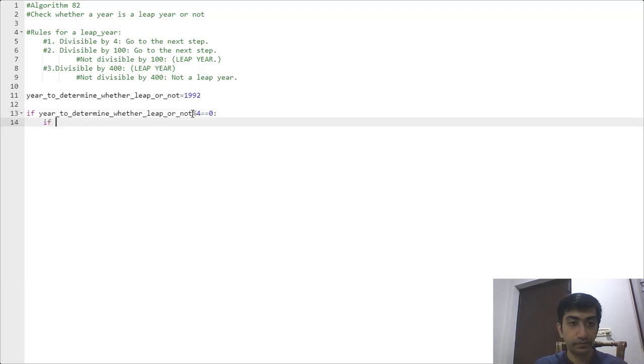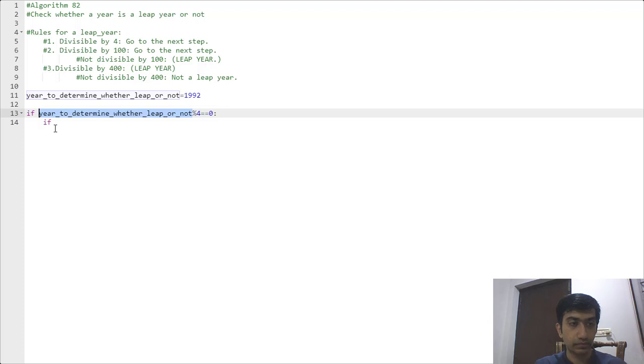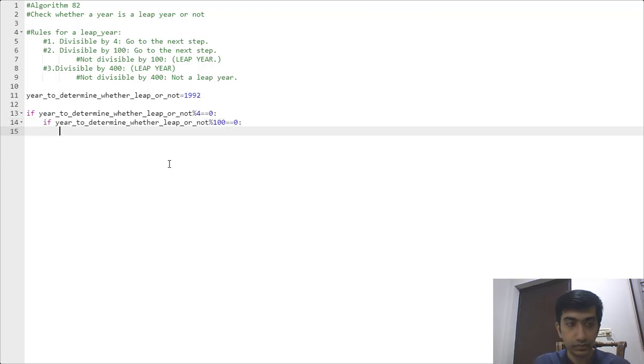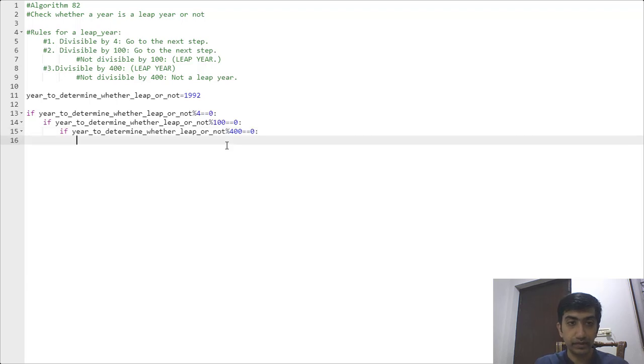If it is also divisible by 100, and if it is also divisible by 400, then leap year is true.